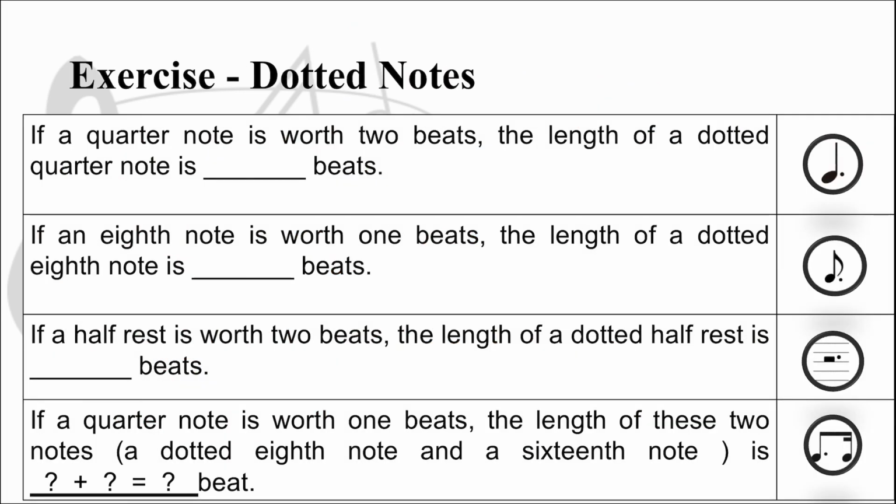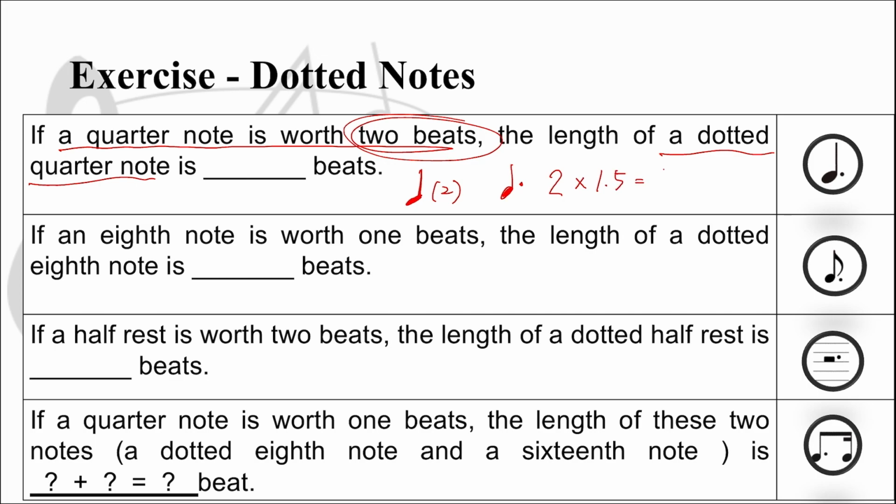Okay, so now we come to some exercises. The first one: if a quarter note is worth 2 beats, remember what it defines. This equals 2 beats, and the length of a dotted quarter note will be 2 multiplied by 1.5. It will be 3.